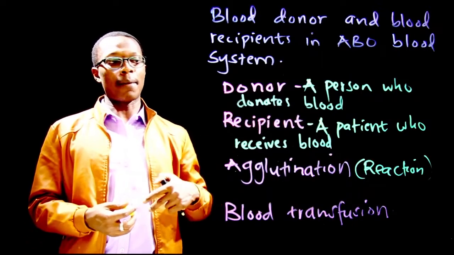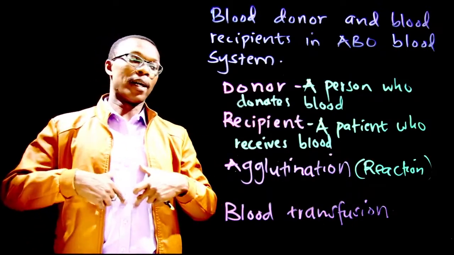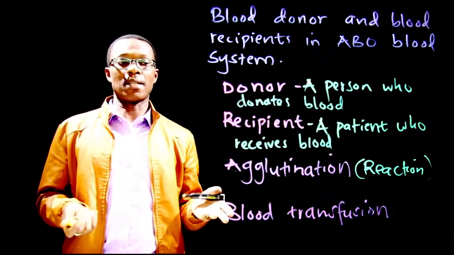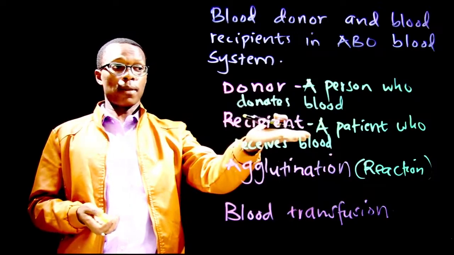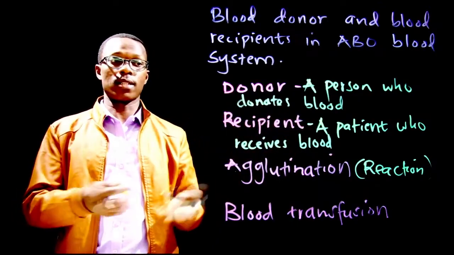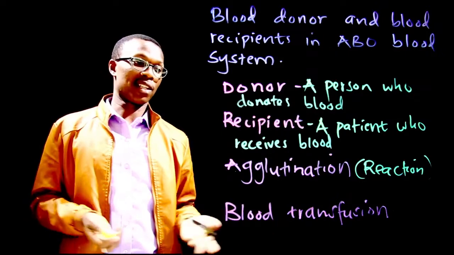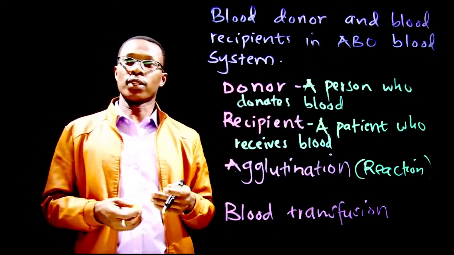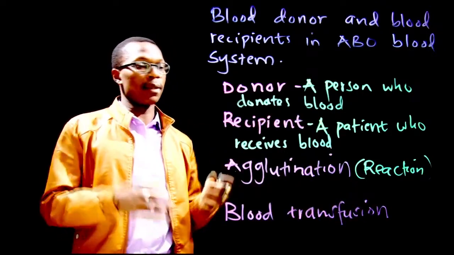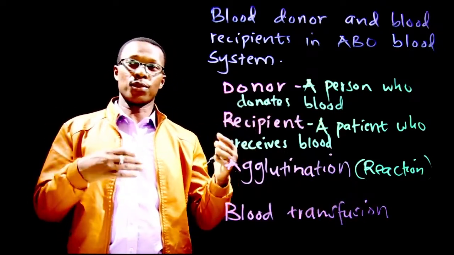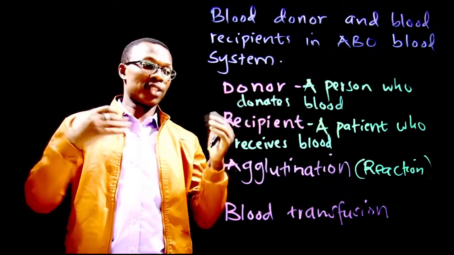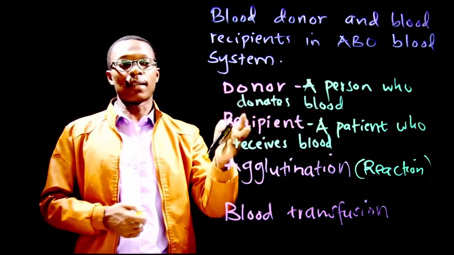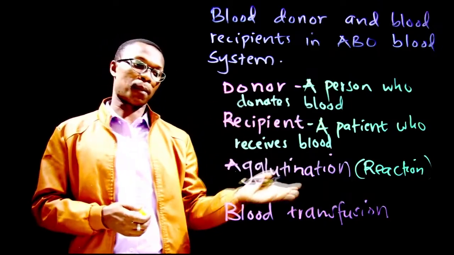So with agglutination, when there is that blockage, that reaction, the recipient or the patient that you have just donated blood to will end up dying, and that's not what we want, right? So we have to first of all check that blood, screen that blood to see whether it is suitable for that sick person.